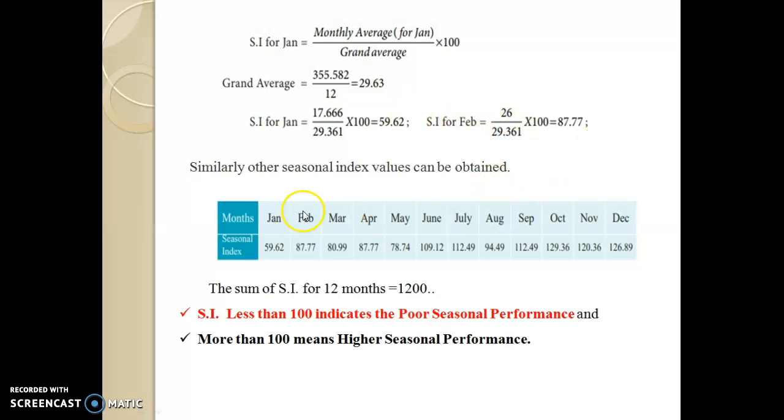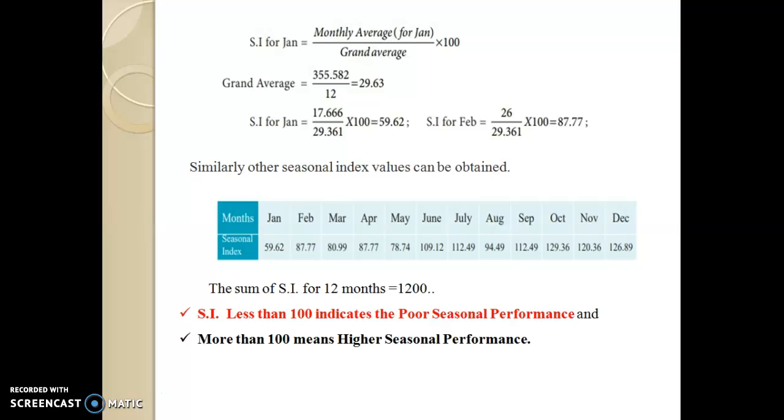I have calculated in the given table all the months: March, April, May, June, July, August, September, October, November and December. The sum of the seasonal indices of all 12 months is equal to 1200.